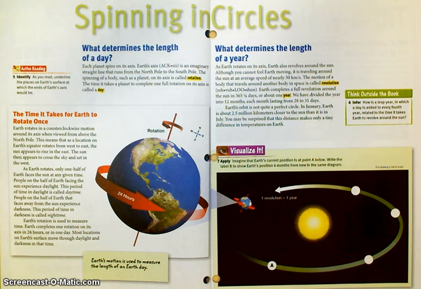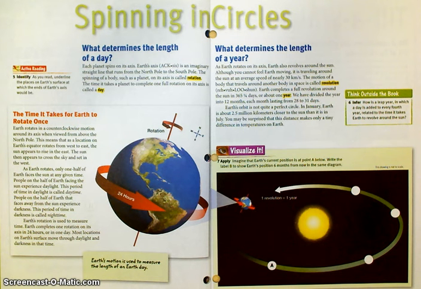Okay, the terminator is just simply the boundary line between daylight and darkness. Okay. So Earth's rotation, how long it takes to spin on its axis, is very helpful when we want to measure time. Okay, Earth completes one rotation on its axis in 24 hours, which is what we call one day.